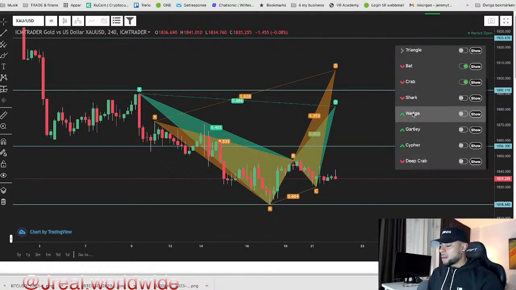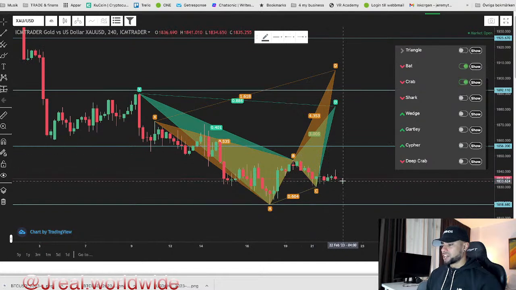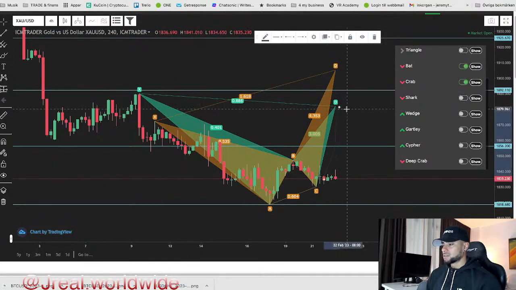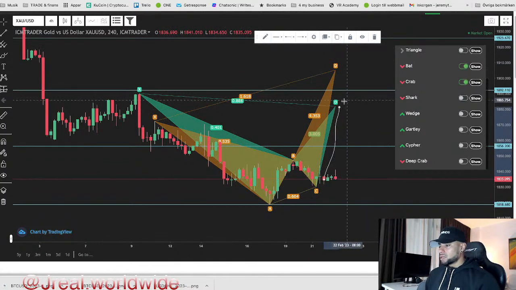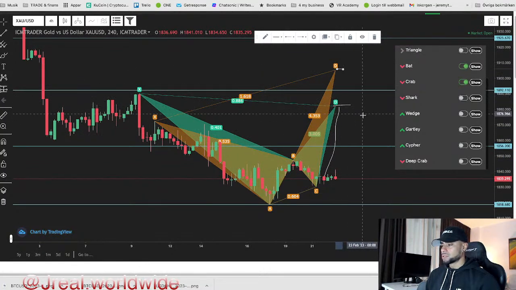All right, so Monero has scanned a crab and a bat pattern, a bearish crab and a bearish bat pattern, but the pattern isn't finished yet. It isn't complete. So what is missing? What's missing is the market moving up and hitting this or this level, hitting both these levels. So that would actually complete the crab or the bat pattern.